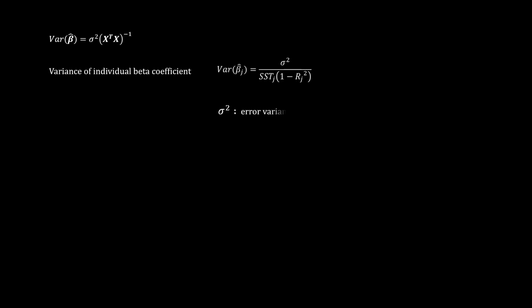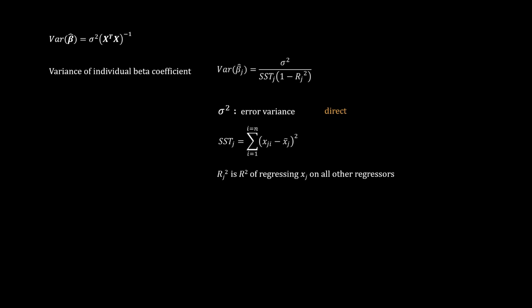Next, let's talk about the variance of the OLS estimator in multiple linear regression. We already know the variance in matrix form, which includes all the individual variances and the covariances between the beta coefficients. For the individual variance of beta coefficients, say the jth beta coefficient, we have another useful formula. Now this is directly related to the error variance.